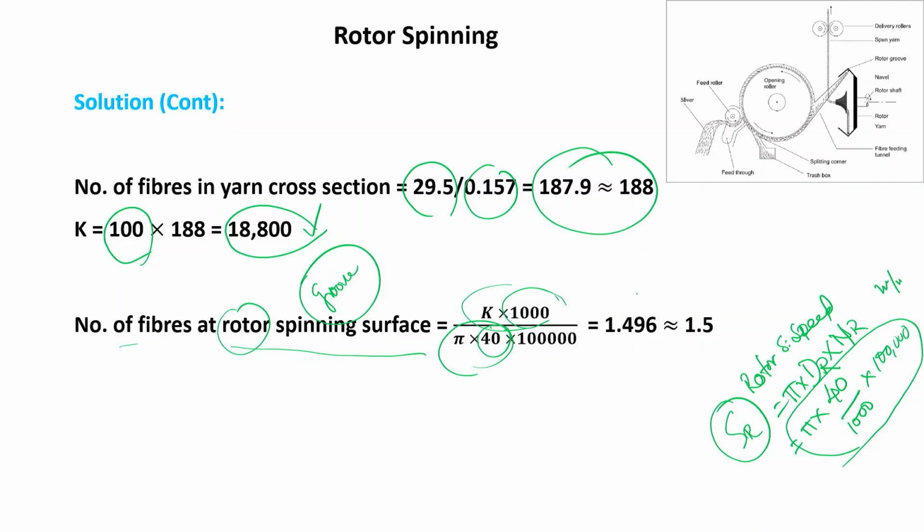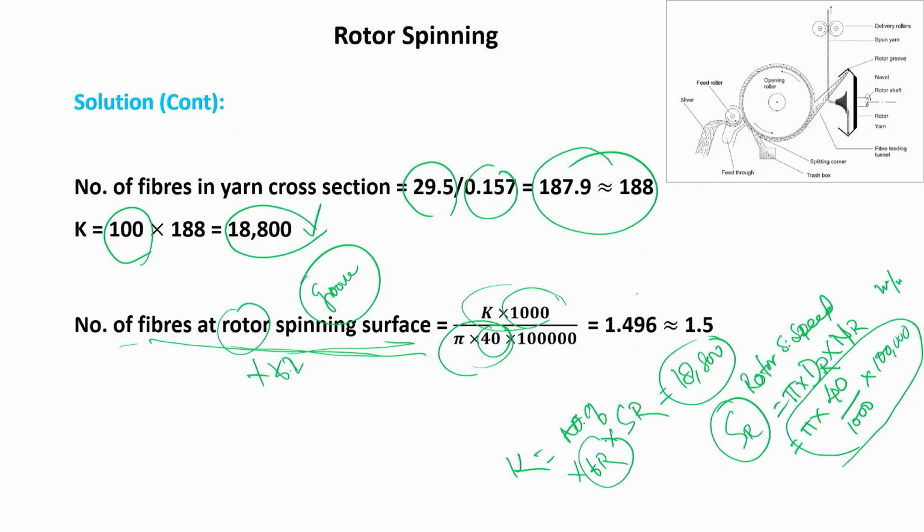Now, K is given. The number of fibers in the rotor groove, x_f_r, multiplied by the rotor surface speed S_r equals K, which is 18,800.